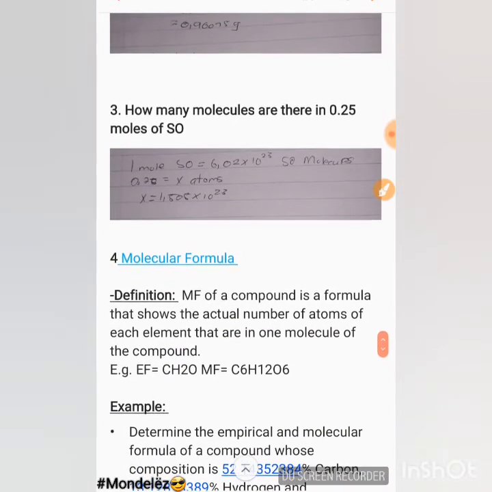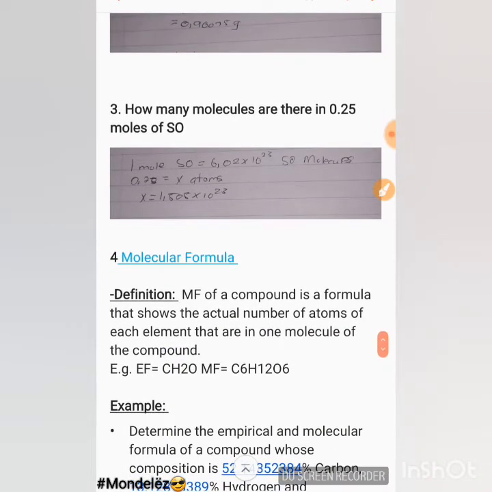And then the last one on this is how many molecules are there in 0.25 moles of SO. So we now know that 1 mole of SO is equal to 6.02 times 10^23 molecules or atoms.